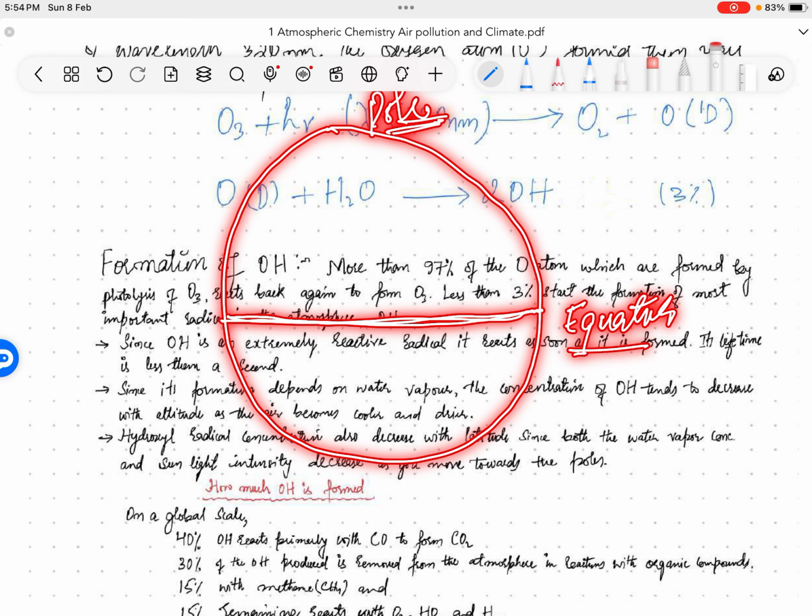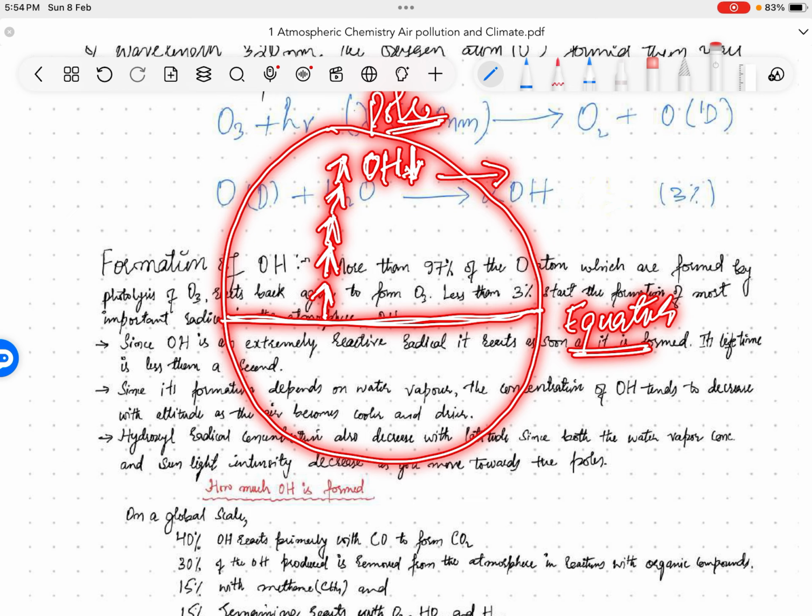It says that when we move away from the equator towards the pole, the concentration of OH radical will decrease.